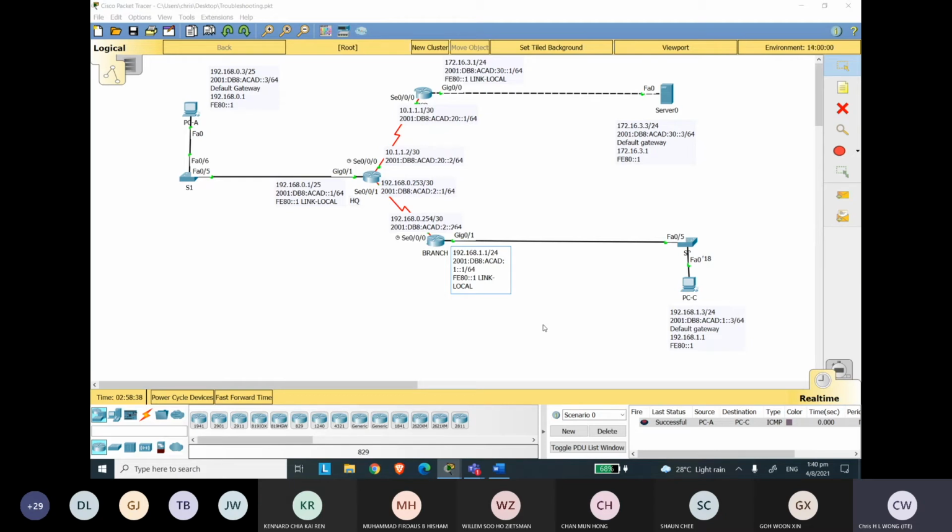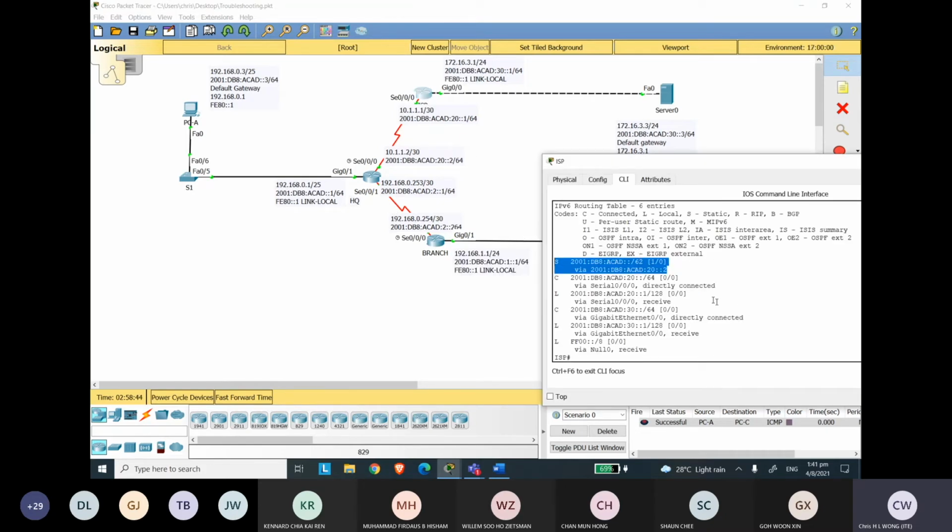Right now I'm going to do a summarized routing for these three, 1, 2, 3, to check whether the summarized routing that they have produced is correct. The summarized routing that they use is 2001:DB8:ACAD::/62. I'm going to write it down so that we can check later whether this is correct.